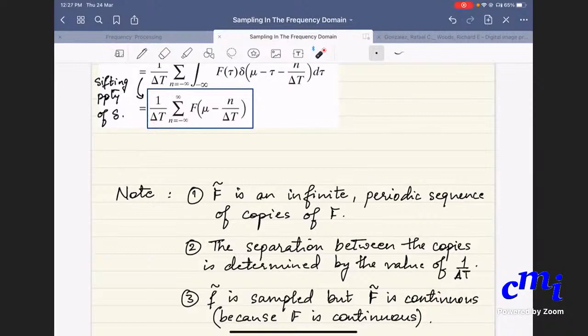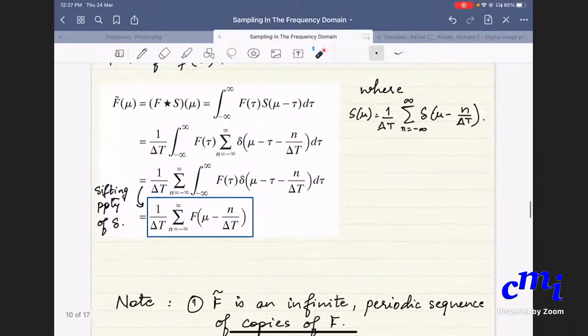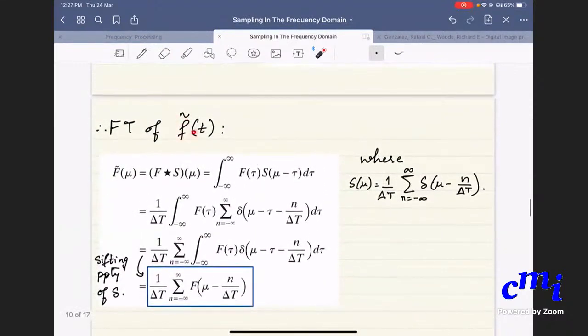Now, this function F is continuous, so each of these is a continuous function, and so the sum is a continuous function. So even if your original f tilde was a discretized sampled function, its Fourier transform capital F tilde is a continuous function. That is an important point to know.